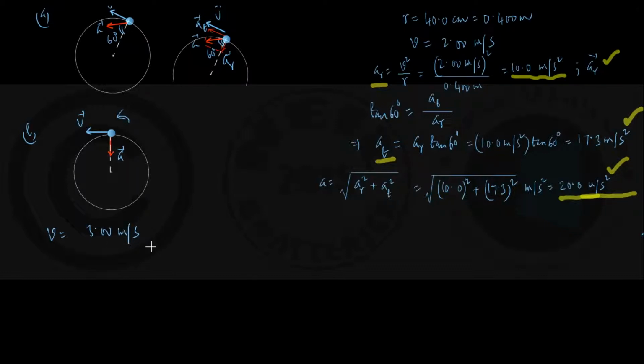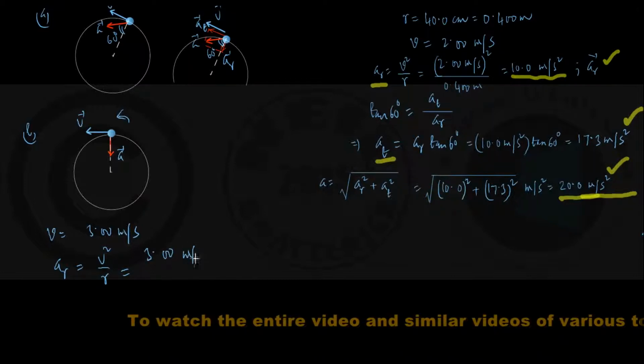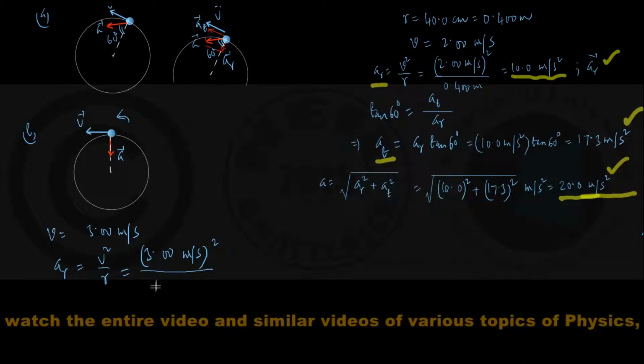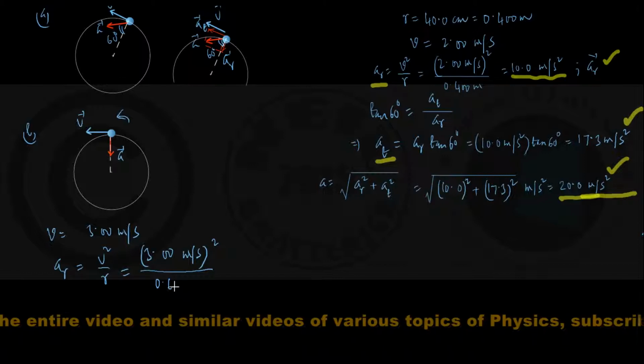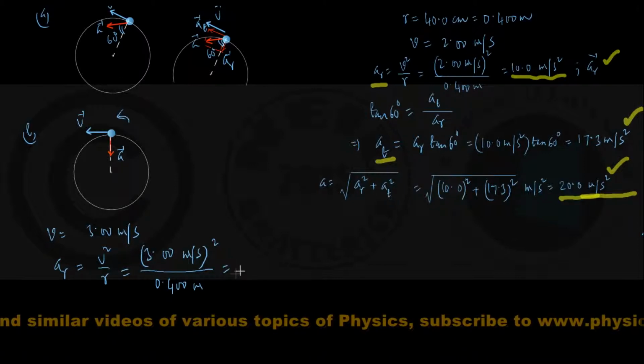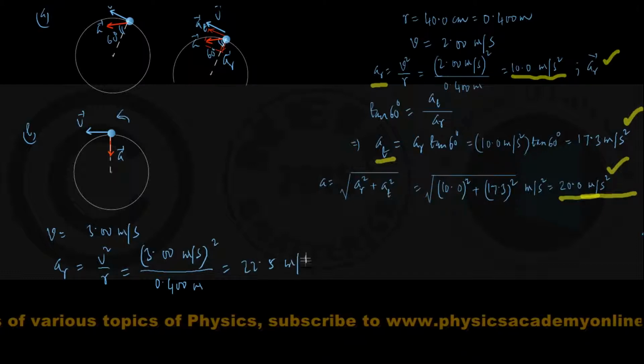So once you know the speed at the instant, you can once again find the centripetal or radial acceleration by the formula a_R equals v squared by R. In this case, v is 3.00 meters per second, squared, and the radius remains 0.400 meter, and this comes out to be 22.5 meters per second squared.